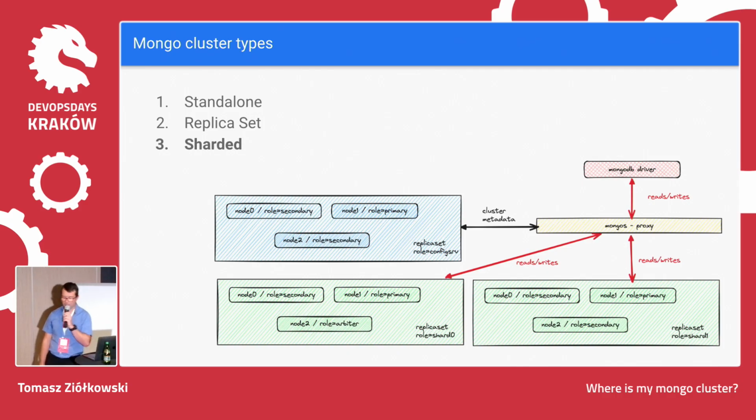And from the MongoDB driver perspective, it is quite easy to handle such traffic, because the driver in such a case doesn't know anything about the topology of the cluster. It only uses Mongos, which are basically a stateless proxy.